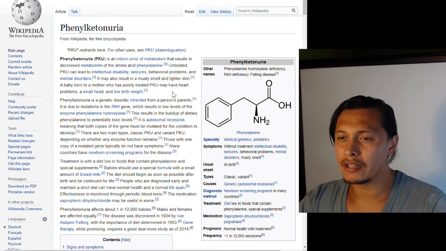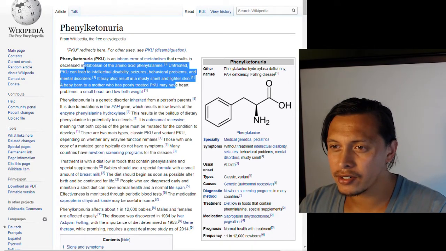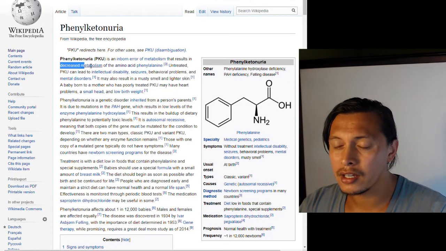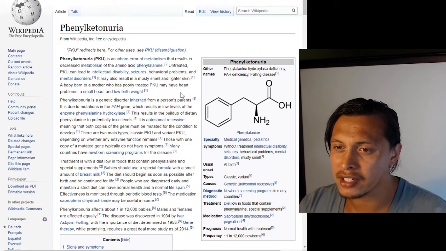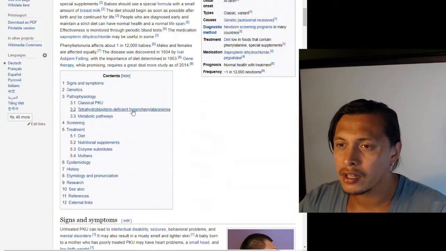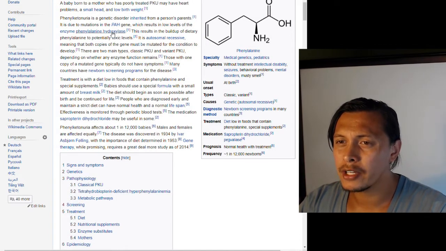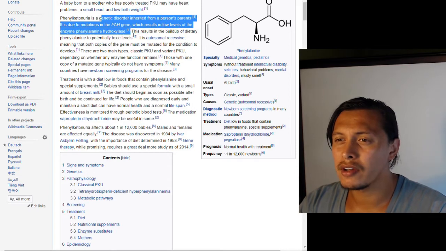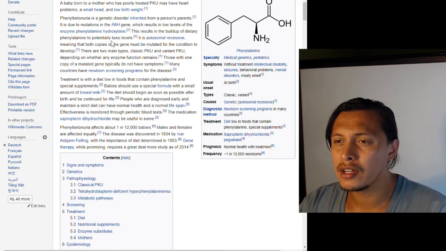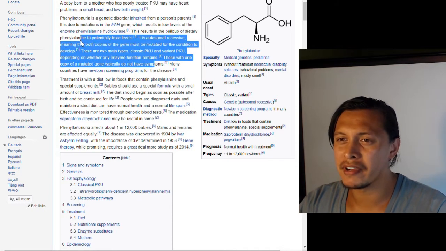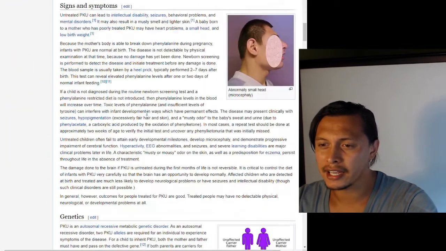Or it's not really. I don't think it's phenylalanine itself. It's just one of the metabolites of phenylalanine. So let me see. Okay, so I guess it is the buildup of phenylalanine in the diet.